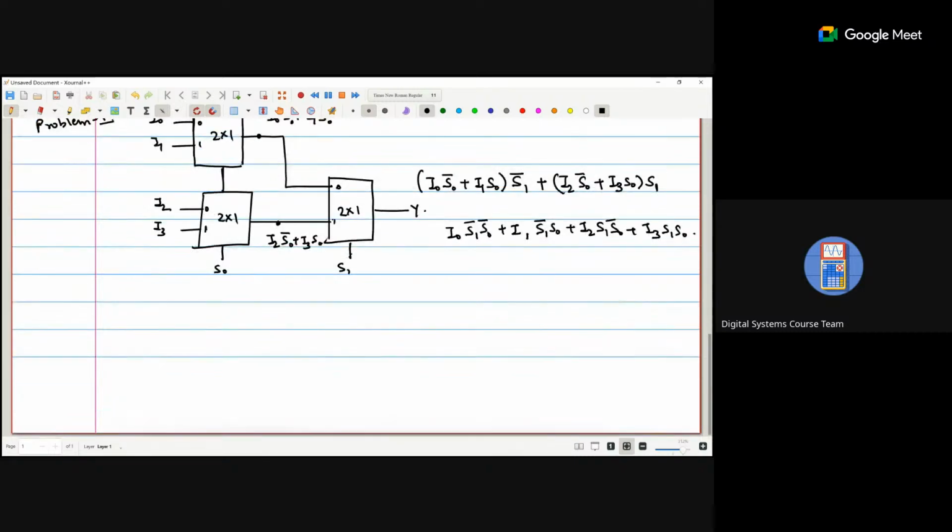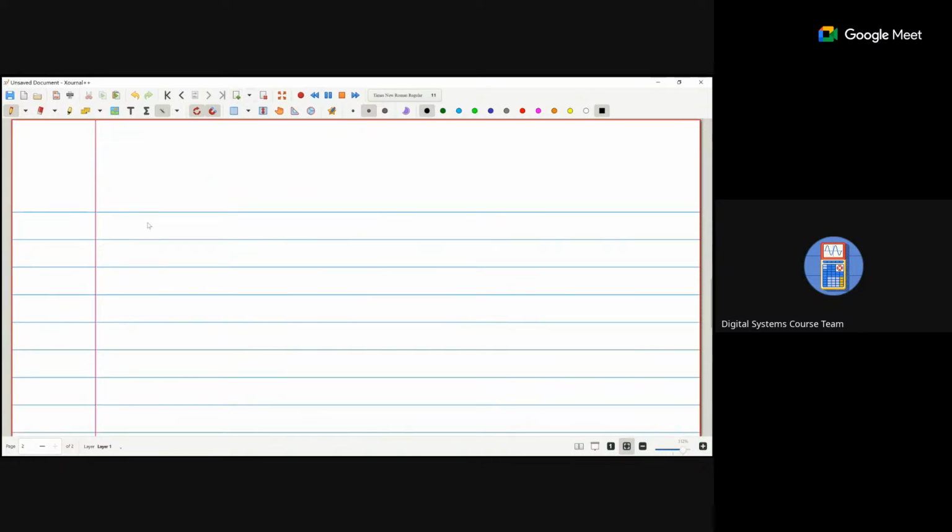The second type of problem is that we can implement any Boolean function. Like if Y of AB is given, that is sigma m 0 and 3.